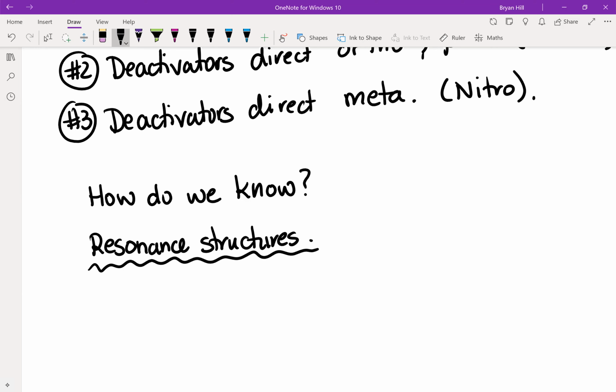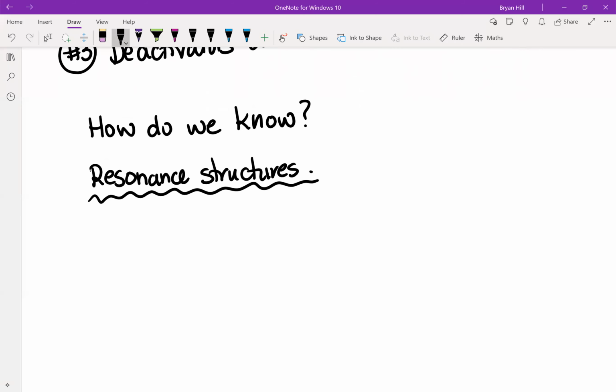Let's do chlorine first. Okay, so an example for the chlorine. Chlorine's got a lone pair, and it's in the benzylic position compared to a double bond. So we can move that lone pair here and then move that there.